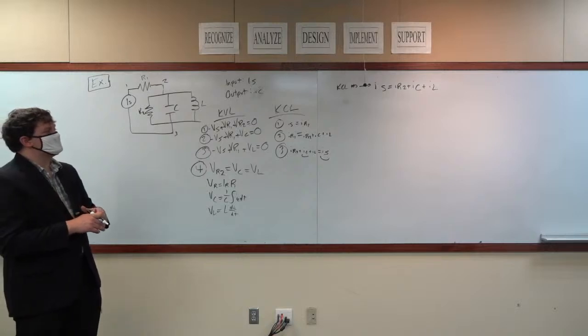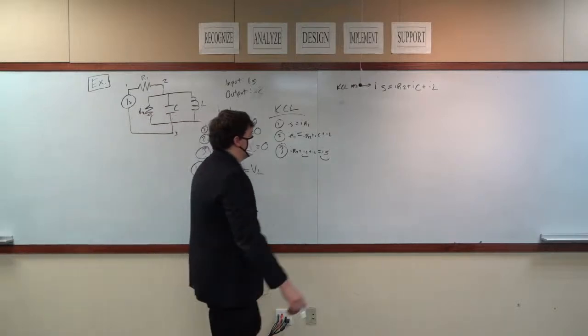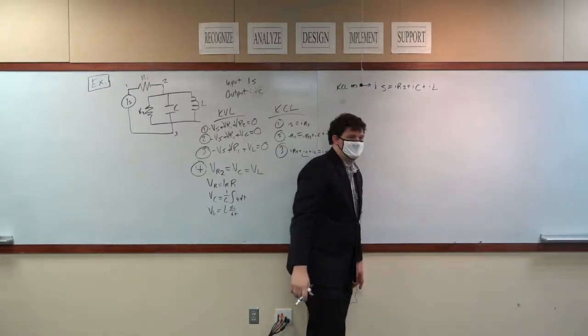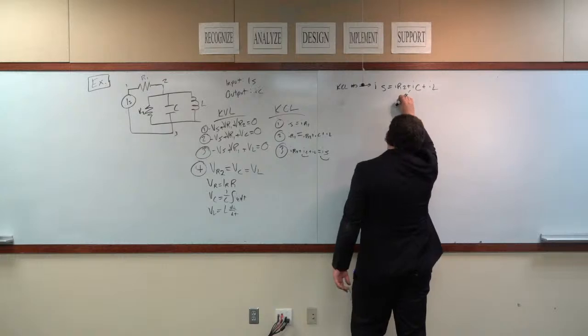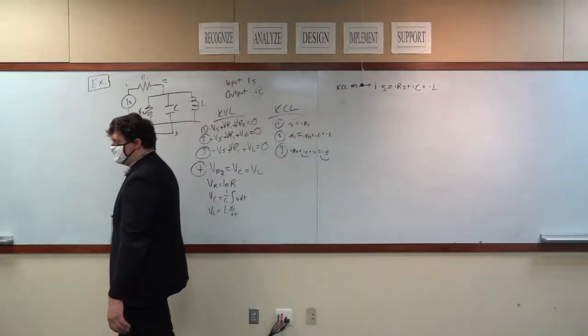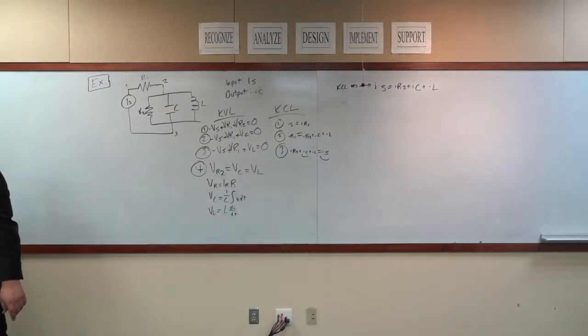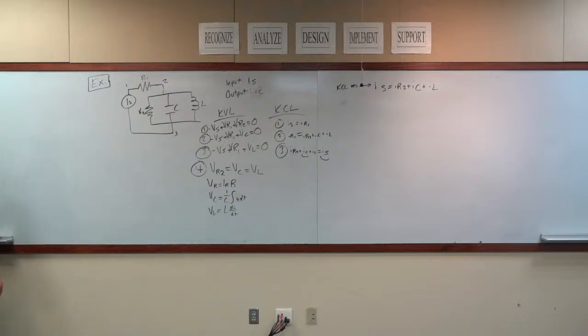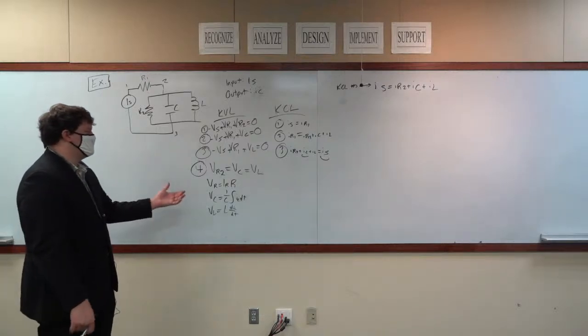Now the issue that we're running into is that we want a formula that only has input and output. But this is not the output and this is not the output for this equation that we have selected. We picked IC. So what do we do now? Just make IS equal to IR1? I mean, you can.